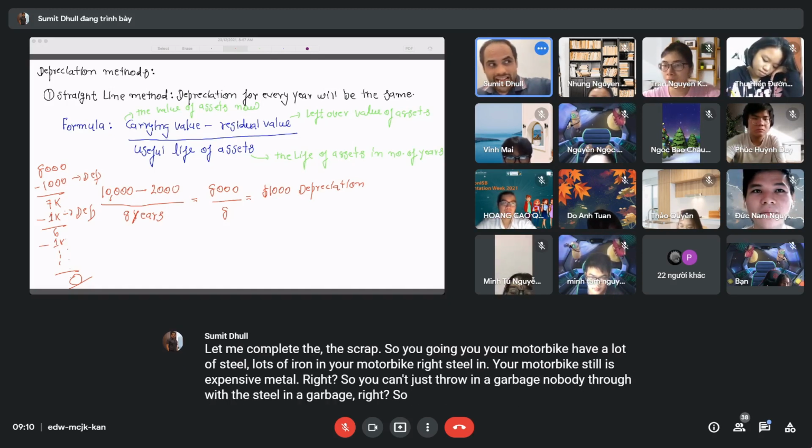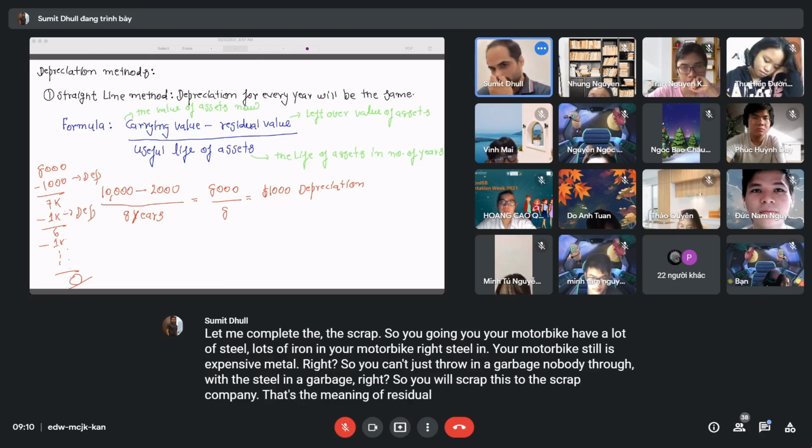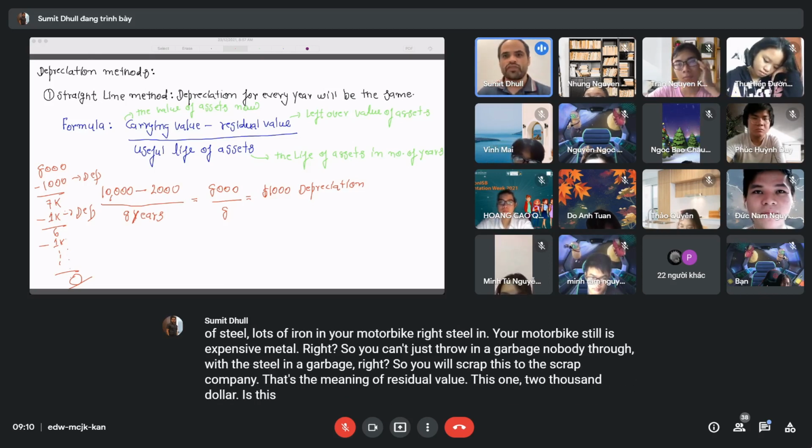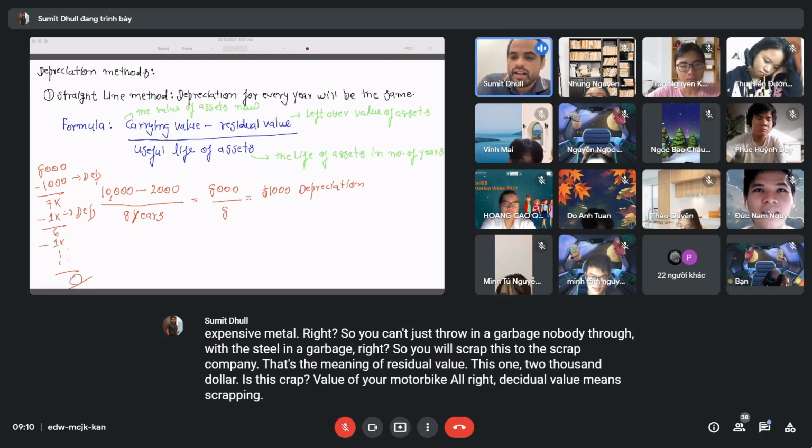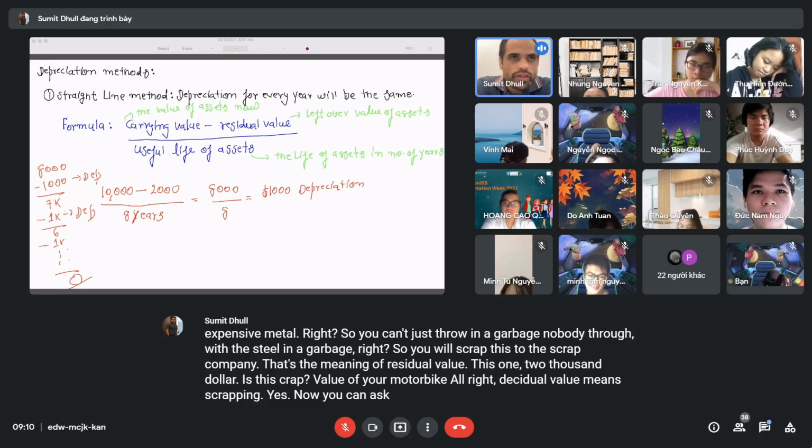So you will scrap this to the scrap company. That's the meaning of residual value. This $2,000 is the scrap value of your motorbike. Residual value means scrap value. Now you can ask me your question. Ask me if you have any question.